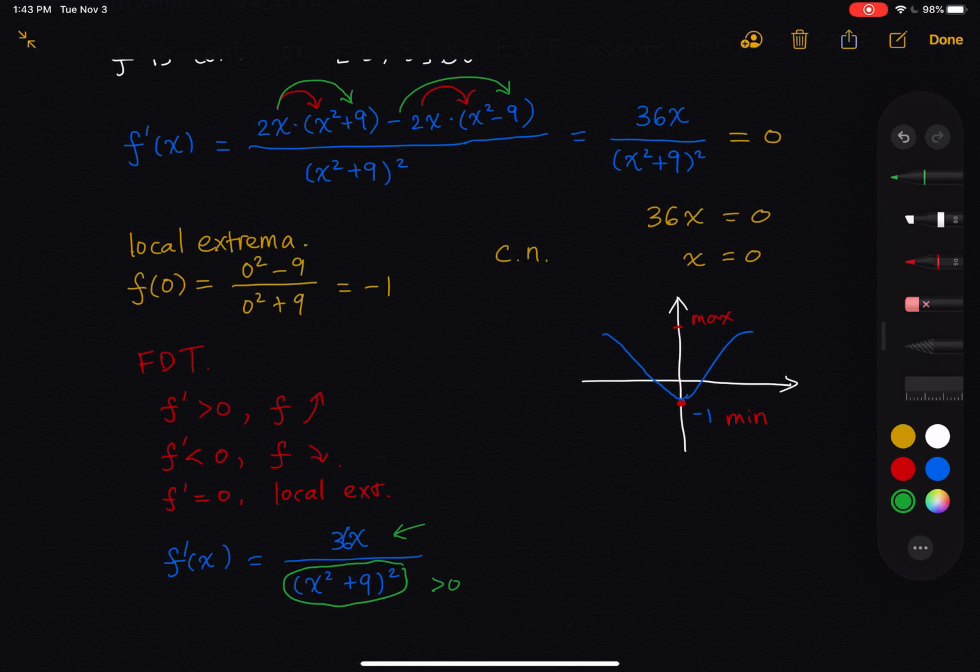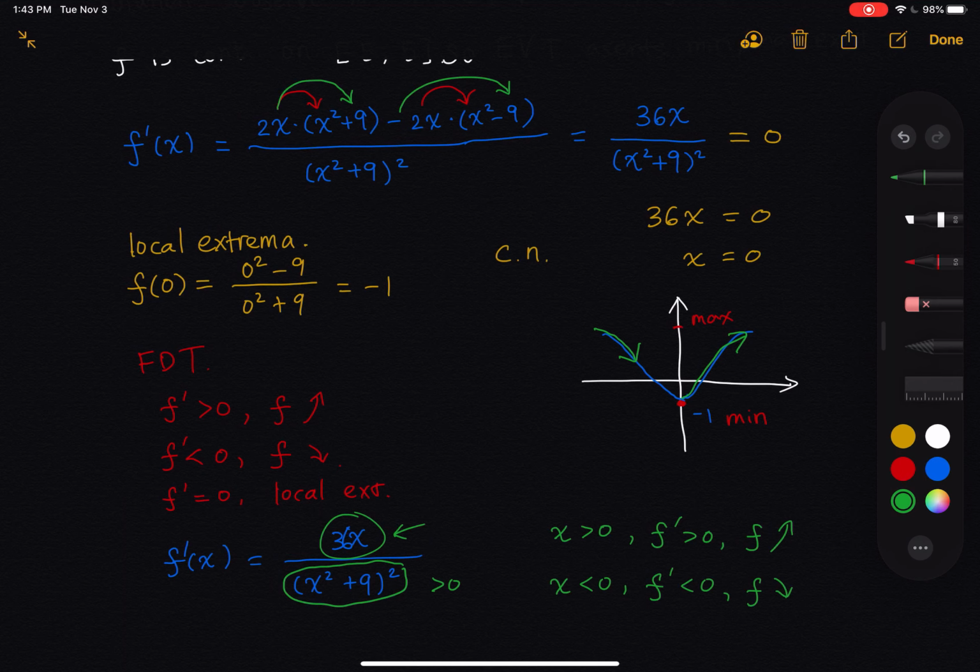So we realize that as long as x is greater than 0, f prime is greater than 0, therefore f is increasing, which happened right here. And when x is less than 0, plug it into f prime, right? Choose a negative number. You will realize f prime is less than 0, always. Look at the expression. And then you get f decreasing. And it's right here, it's decreasing.